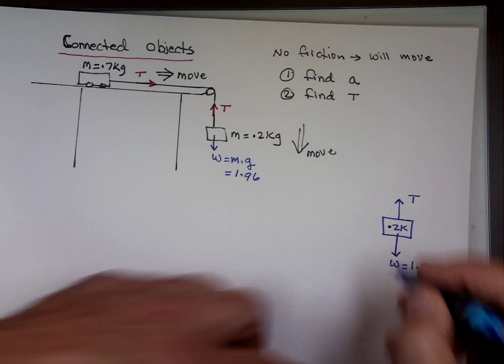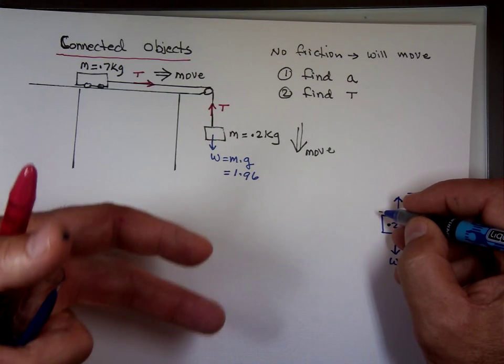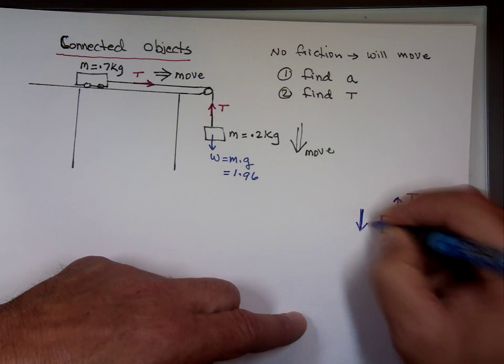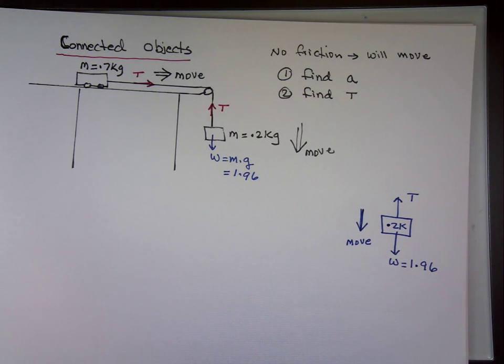Why? It's going to move, because initially it's not moving, so it's going to start to move, so there will be some acceleration. This is going to move. It's going to move in this direction. If it's moving down, that says, you know what?